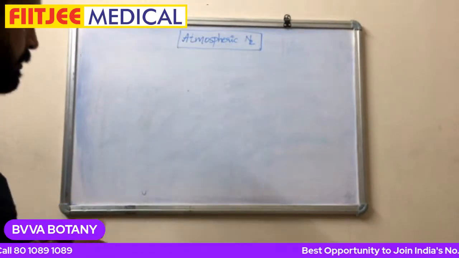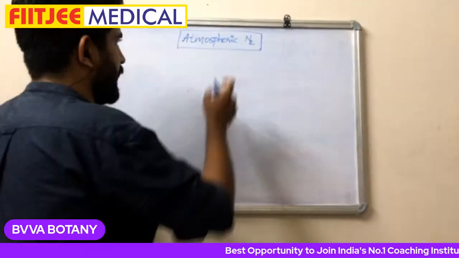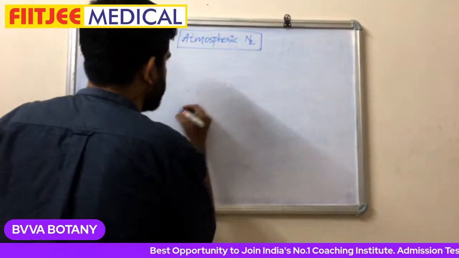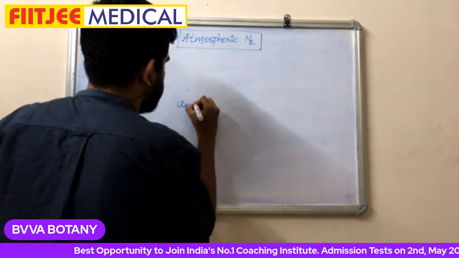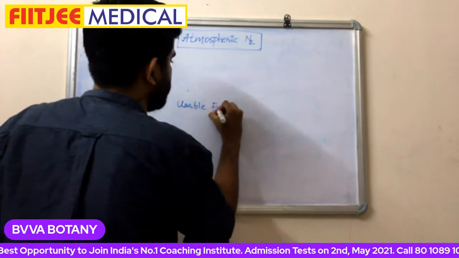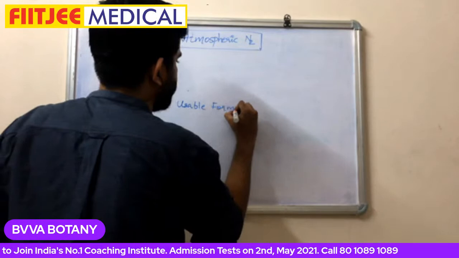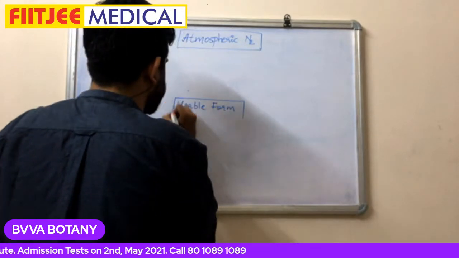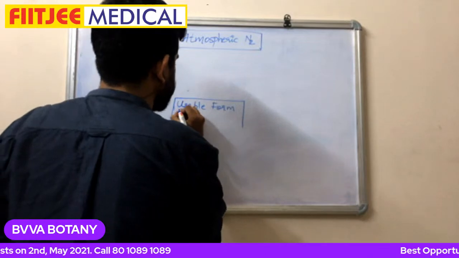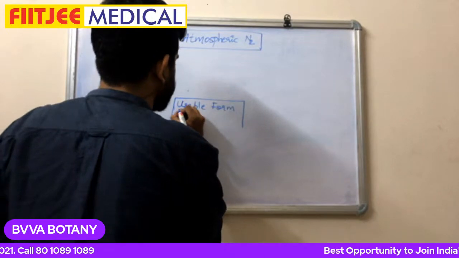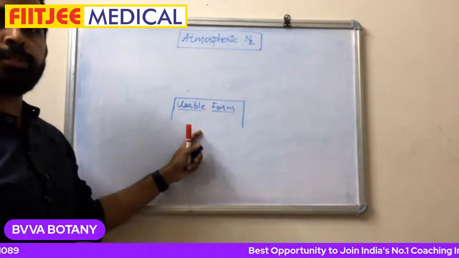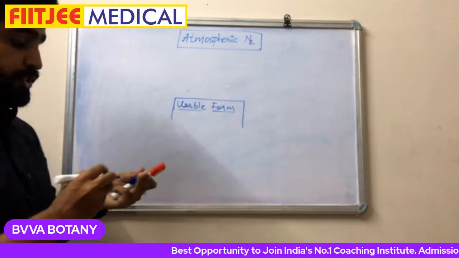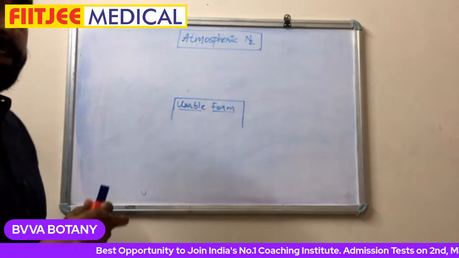Now, this atmospheric nitrogen has to be converted into what? As I said, a usable form, because atmospheric nitrogen cannot be taken by plants directly. So it has to be converted into a usable form. And that process of conversion we call as what? Nitrogen fixation.